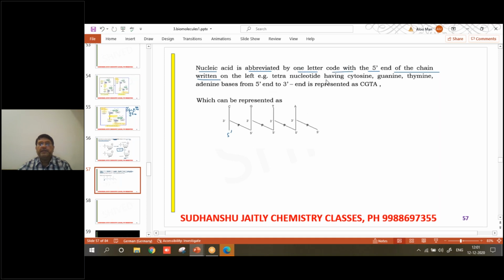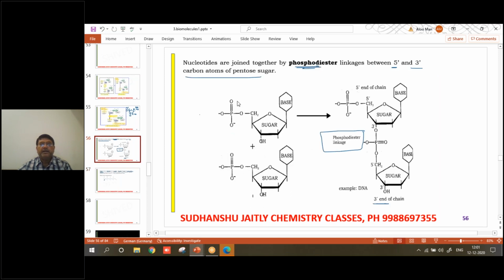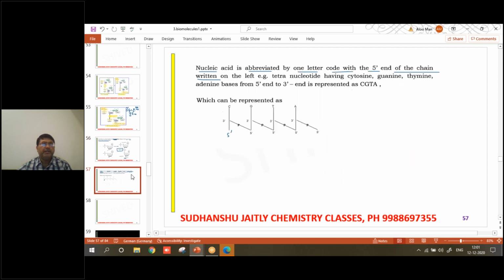For example, a tetranucleotide having cytosine, guanine, thymine, cytosine, guanine, thymine, adenine. It is going to be represented as, look, the 5' of the first will be free, that is being written here.